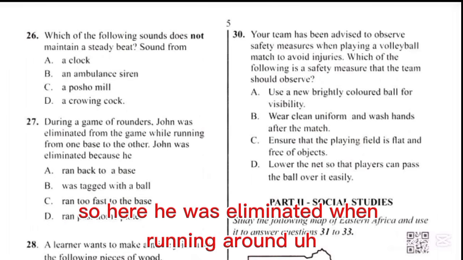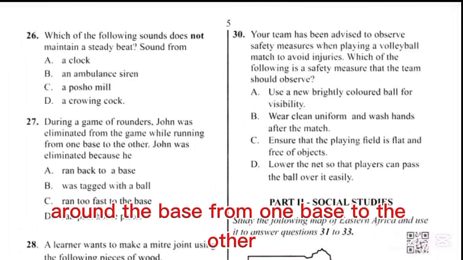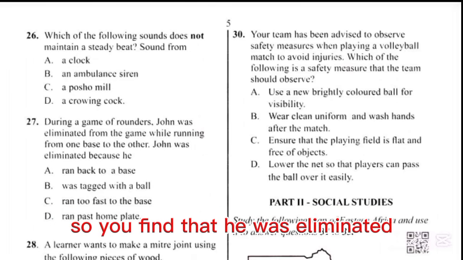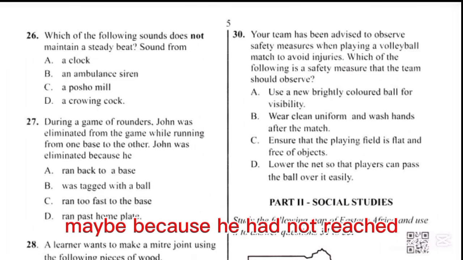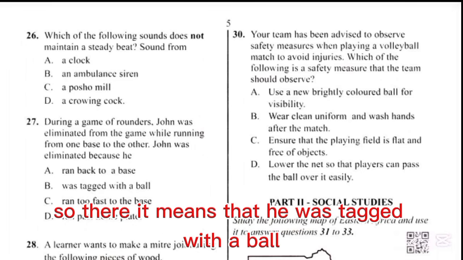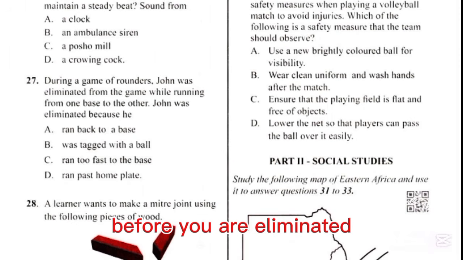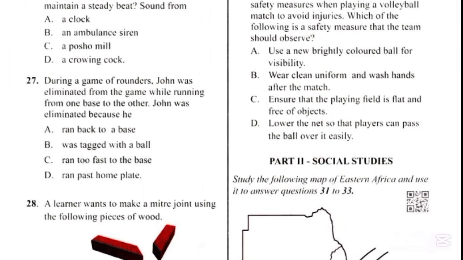So here he was eliminated when running from one base to the other. So you find that he was eliminated maybe because he had not reached the base where he was running to. So there it means that he was tagged with a ball. You are supposed to be tagged with that ball before you are eliminated.